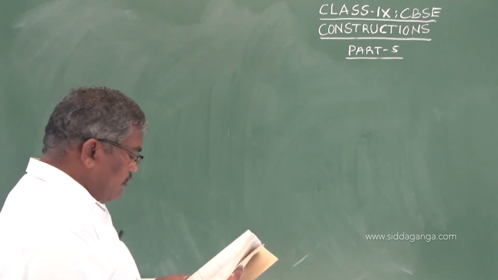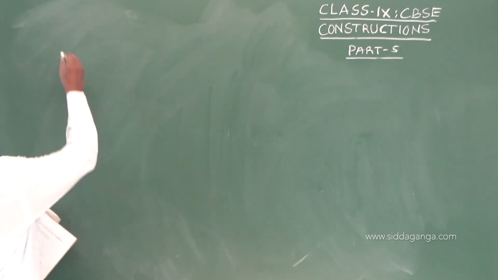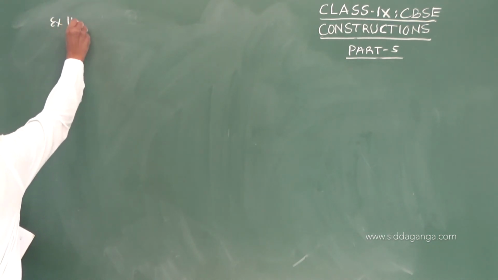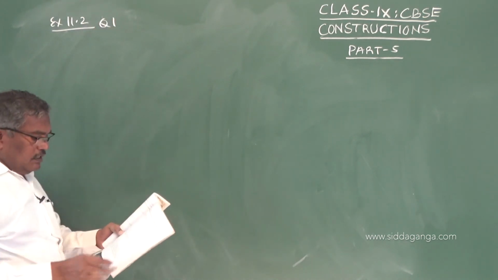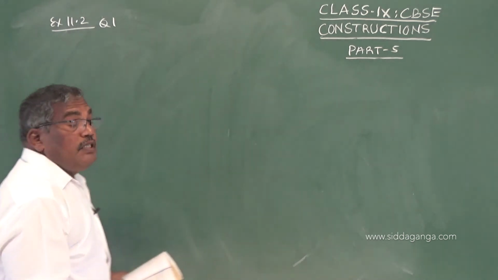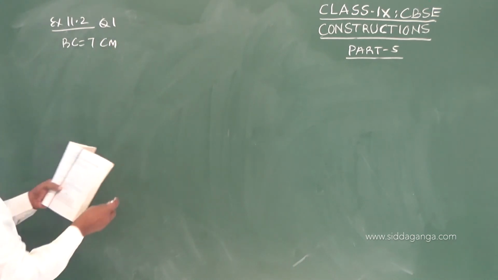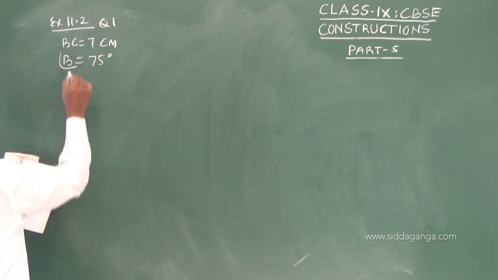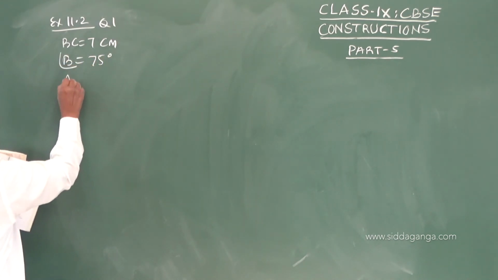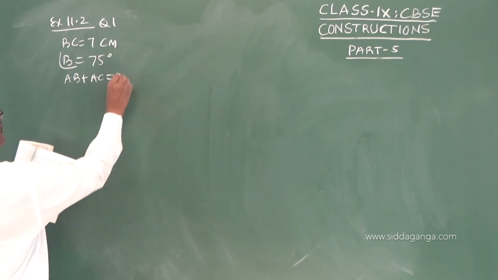So in this question number 1, exercise 11.2, question 1. What is given? Construct a triangle ABC in which BC equals 7 centimeter, angle B equals 75 degree, and AB plus AC equals 13 centimeter.